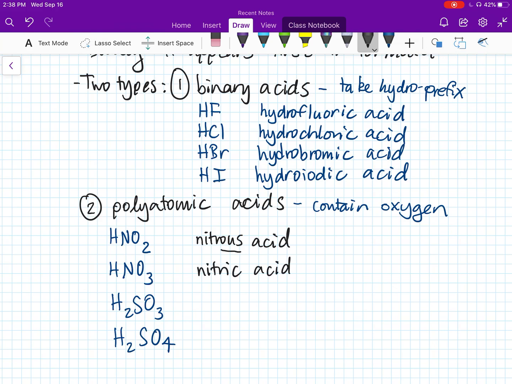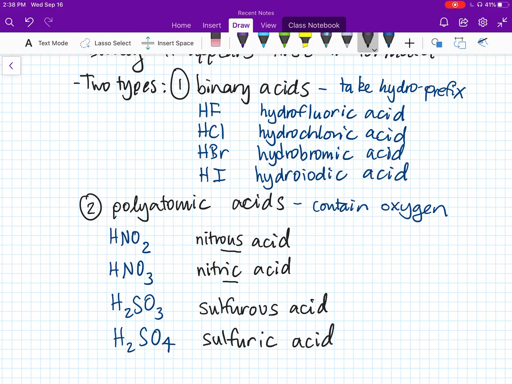So the ous goes with the one that has fewer oxygens, and the ic ending goes with the one that has more oxygens. So applying that same logic to these two, this one is sulfurous acid, and then H2SO4 is sulfuric acid. Okay.